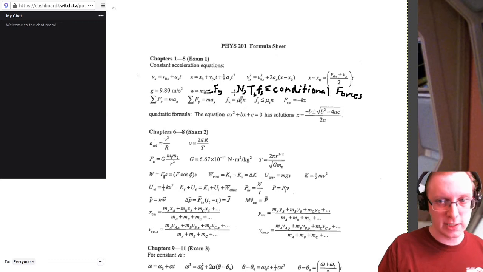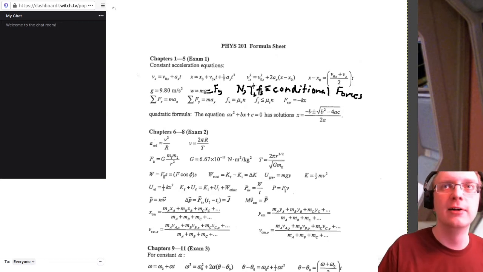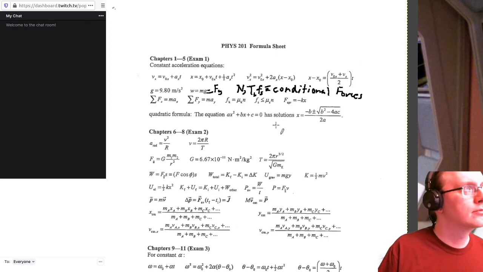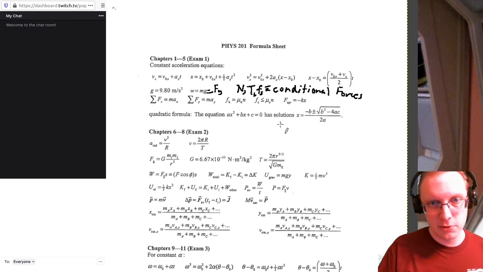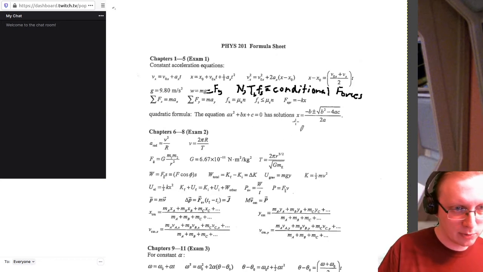So a normal force is the force required to keep an object from falling through a surface. Static friction is the friction required to keep an object from moving, and tension is the force required to make one end or the other end of a string move when the string itself moves, or basically hold the whole thing stationary. And we have been kindly provided the quadratic equation.